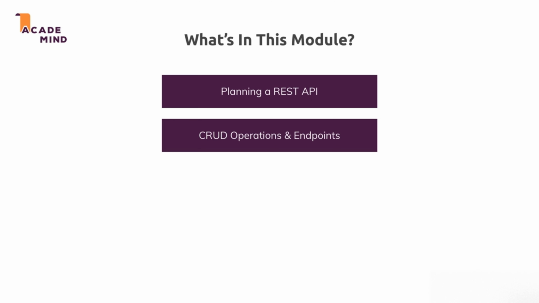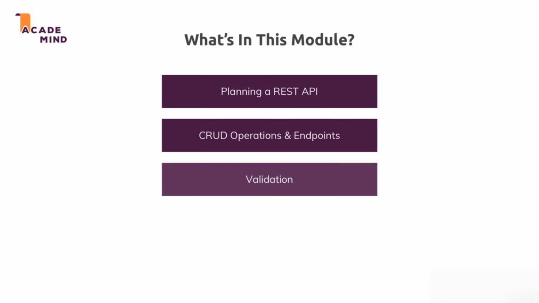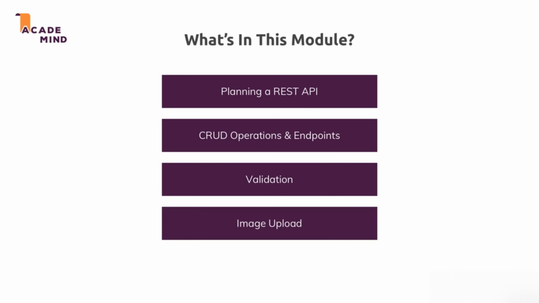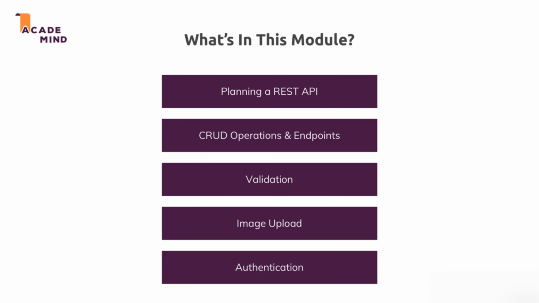We'll define all the REST API endpoints for this and so on. We'll add validation on the server side to make sure that only valid data gets stored in our database. We'll add image upload so that we still can store images even though we're not rendering views anymore. And finally, I'll also dive into authentication, which will be very important and very interesting too. So let's dive in.